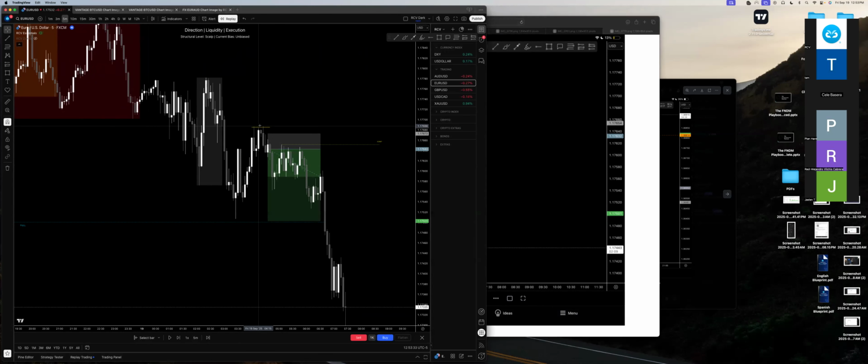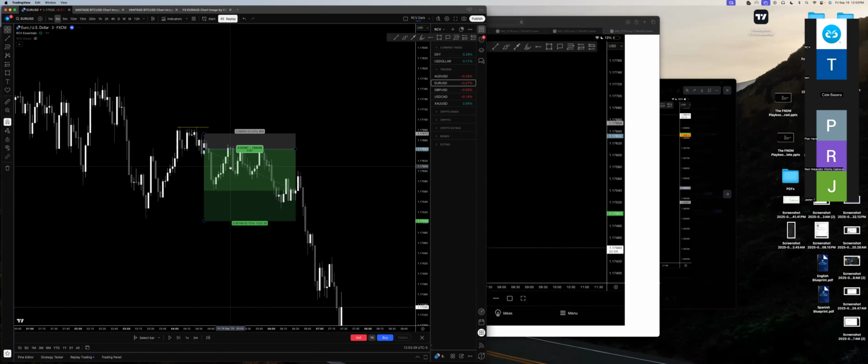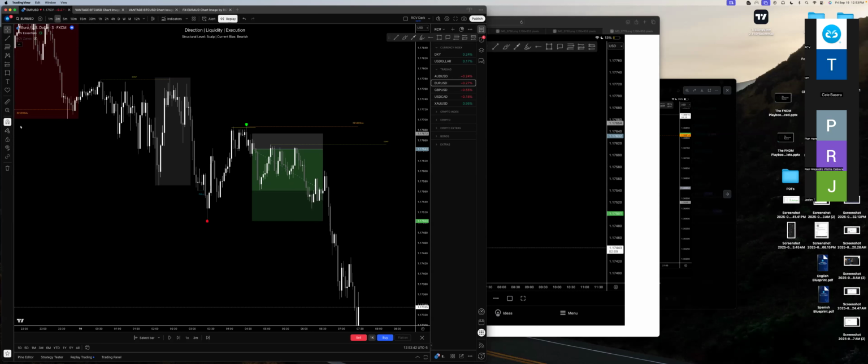And why I'm using this area as an area of interest is that if we look at internal structure here, we can see there's a sweep here that creates a new range. So I have a high into a low, the buy to sell that caused this break of structure, that being here. So obviously this is a big point of interest for me to use. At least it's too big for my liking.